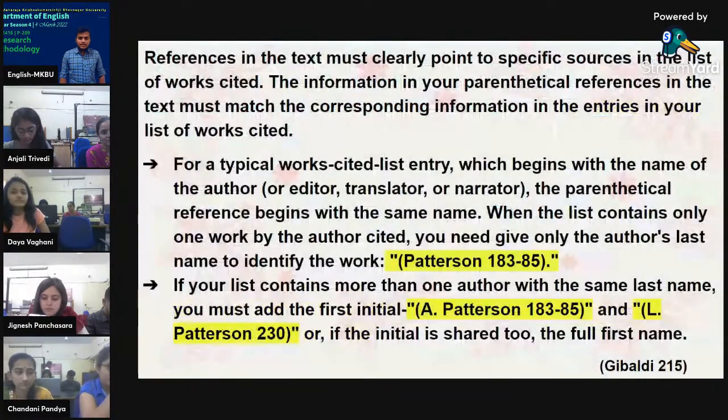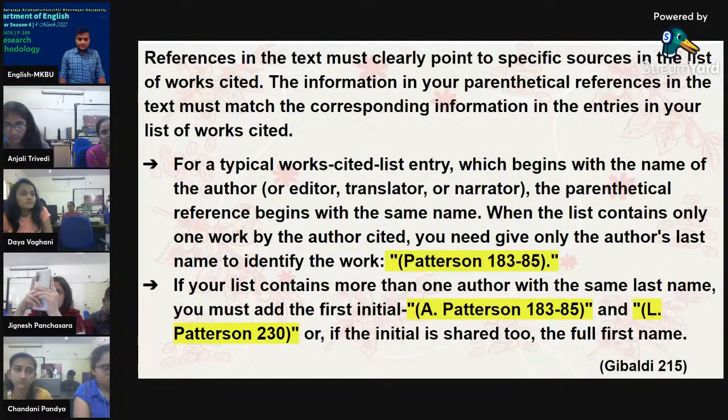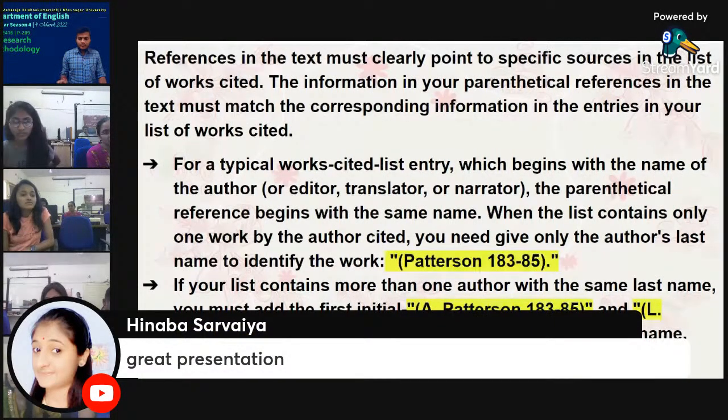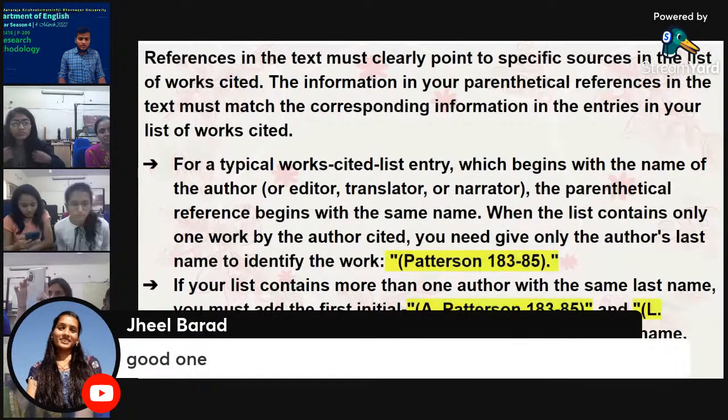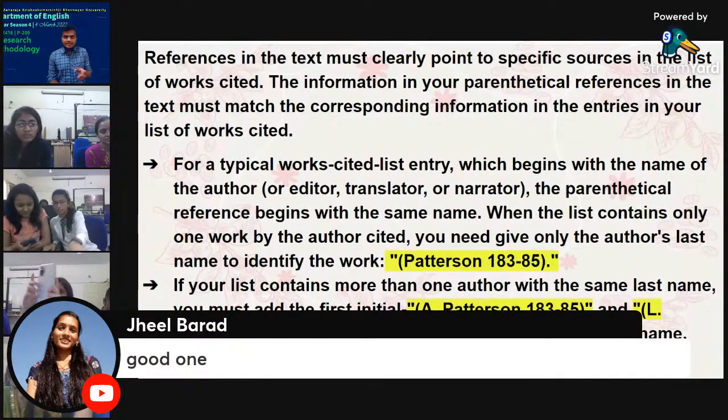We can see that if the name of the author, editor, translator, narrator is given, and the list contains only one work by the author cited, you need to type the writer's name and then the page number. And if the list contains more than one author with the same last name, then you must give an in-text citation like this.